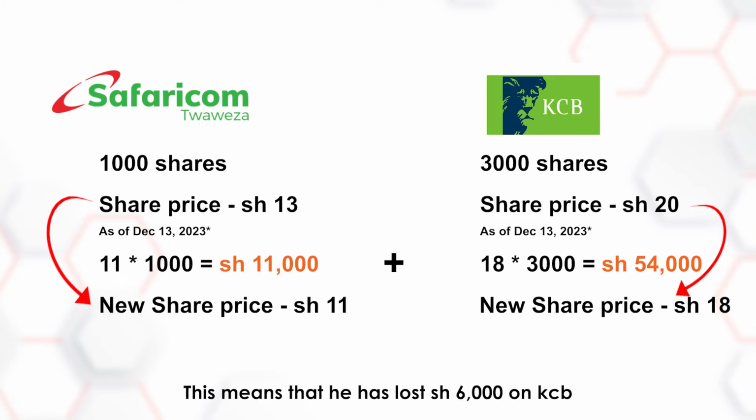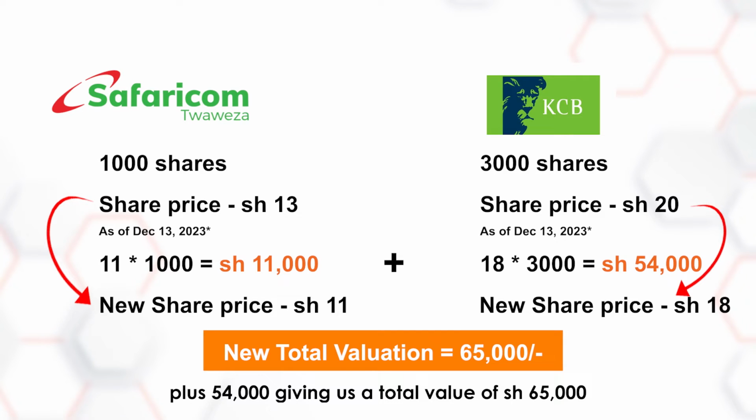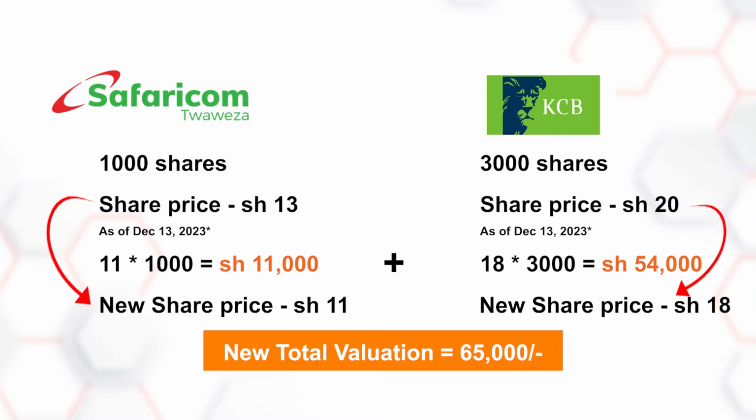This means that he has lost 6,000 Kenyan shillings on KCB. Hence, his portfolio is now valued at 11,000 plus 54,000, giving us a total value of 65,000 Kenyan shillings. This means that his stock portfolio is now worth 8,000 Kenyan shillings less, or rather he has lost 8,000 Kenyan shillings.